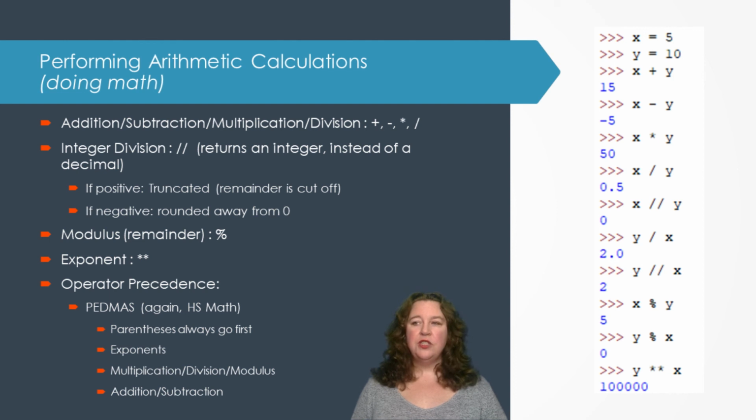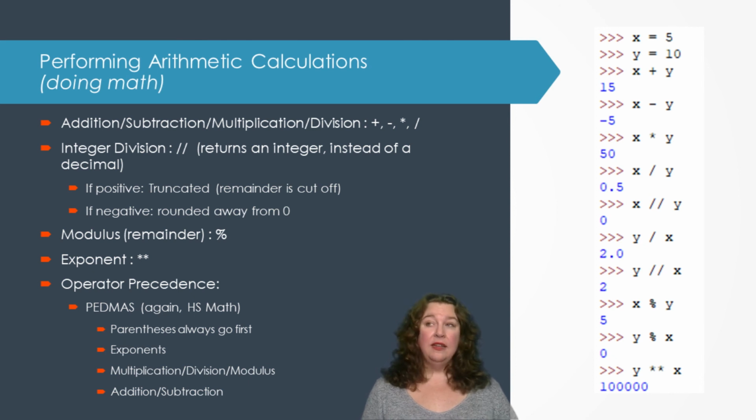So we can do, as you can see over in the examples, x modulus y. If in this case x is 5 and y is 10, x modulus y is going to return 5, because you have 5 as the remainder of x modulus y. Y modulus x is going to give you a remainder of 0, because 10 divided by 5 can go in evenly, and there is no remainder of that.